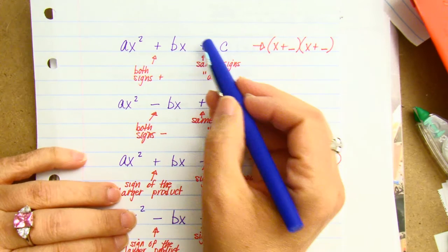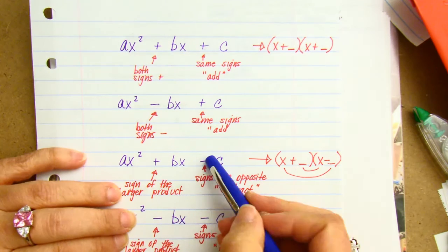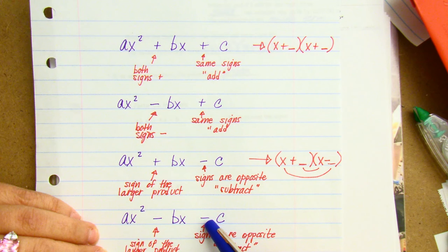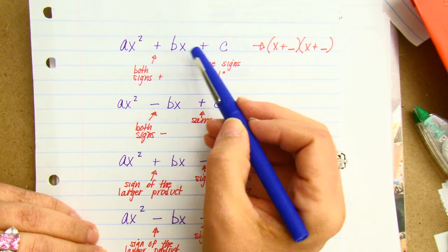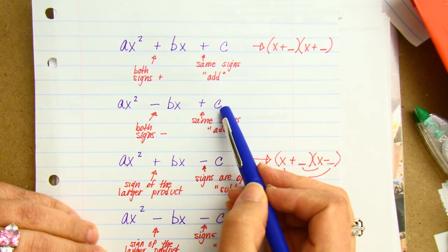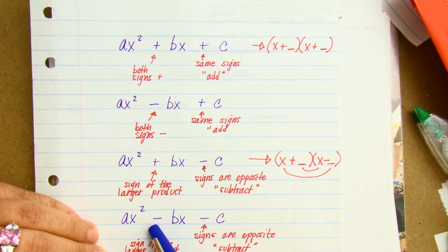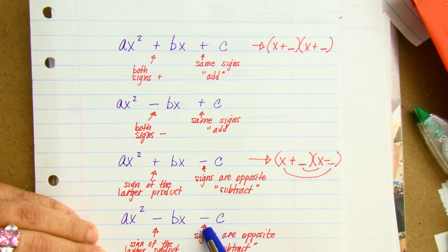It's plus c and plus c on the end, or minus c and minus c on the end. And then over here, it's plus bx plus c, or minus bx plus c, or plus bx minus c, or minus bx minus c. Those are the only four combinations that I could have for polynomials and their signs.